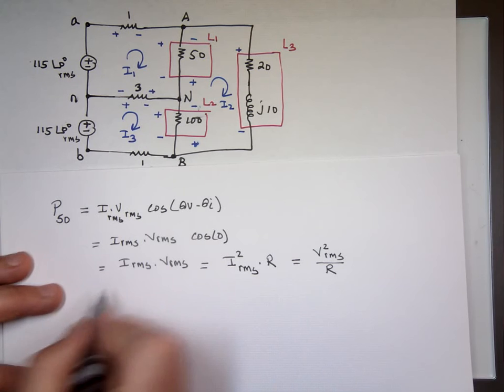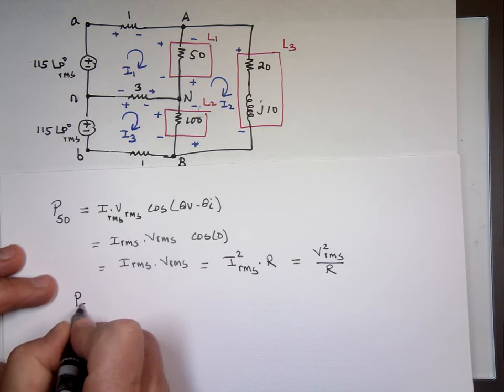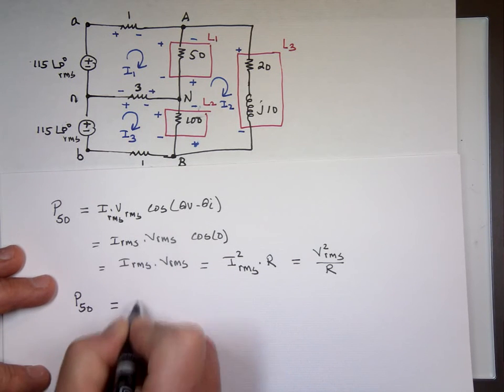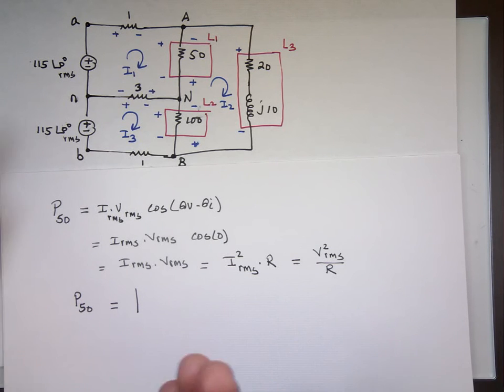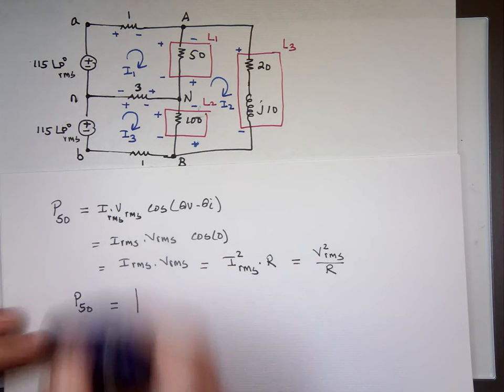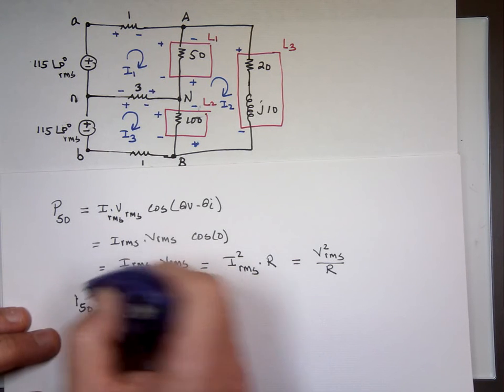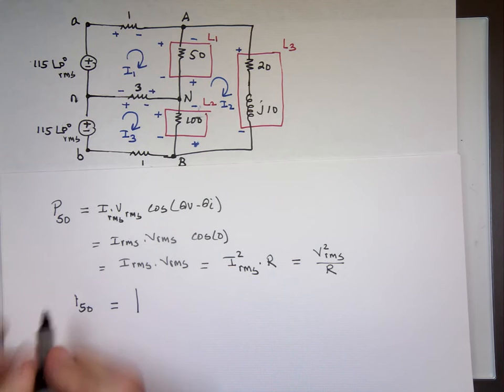So what is the power through the 50 ohm resistor? It's the magnitude, not the current. Let me find the current through it so you don't get confused. What's the I through the 50 ohm resistor?